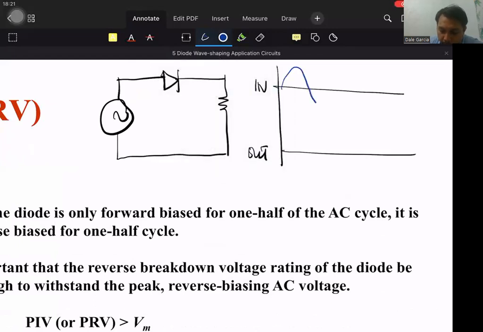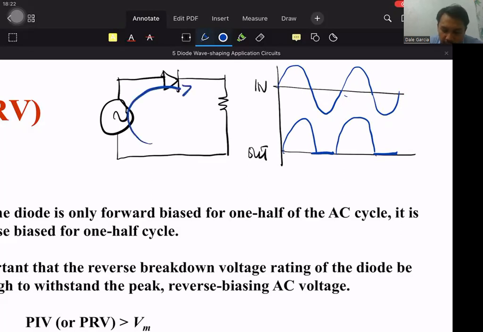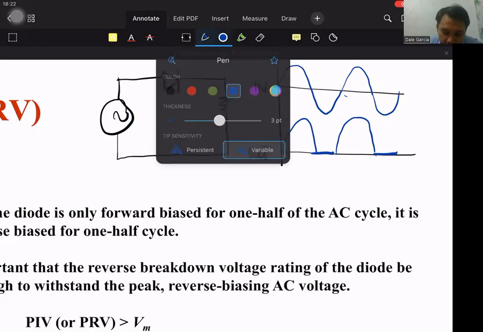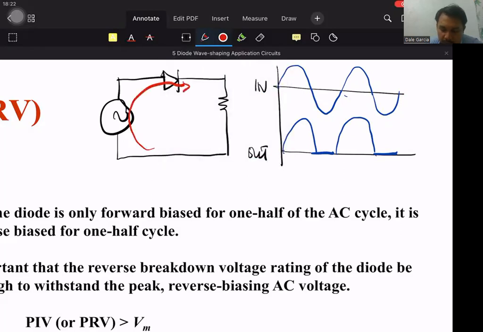So for the input, and the output. So what is peak inverse voltage? During the positive half cycle, during the conduction of the diode in that direction, our diode is forward bias.